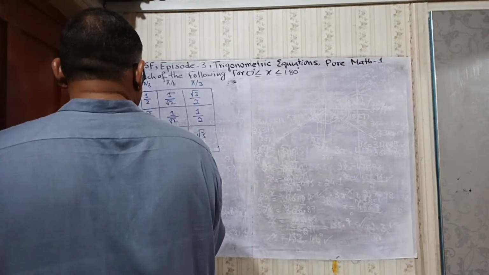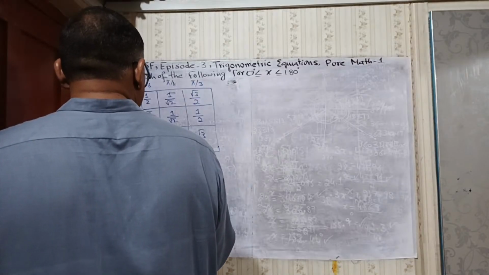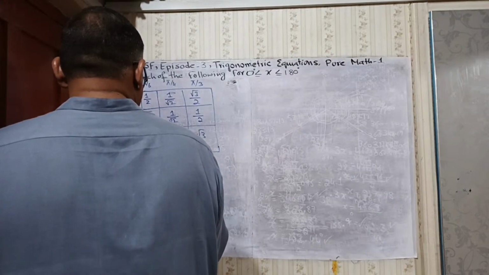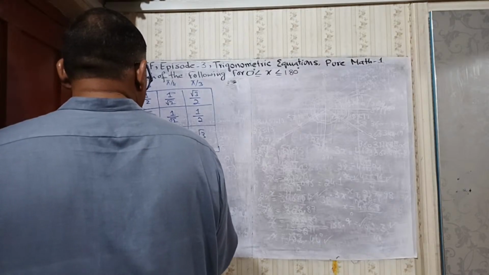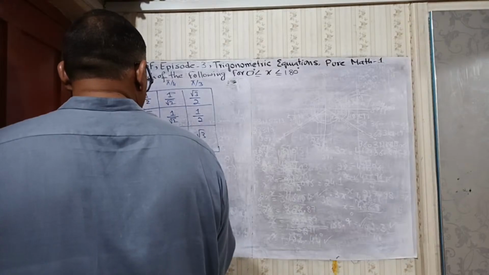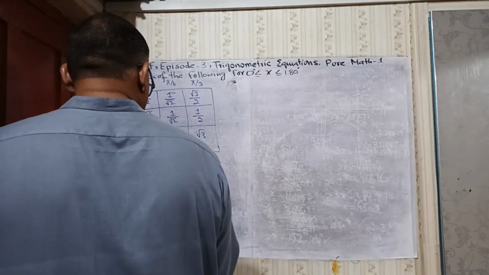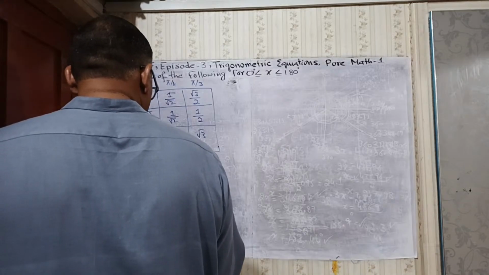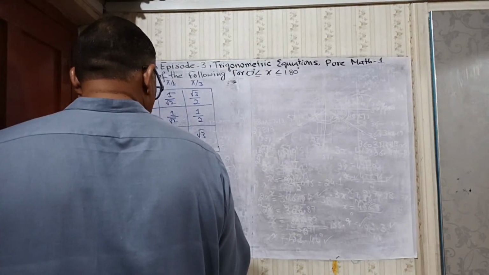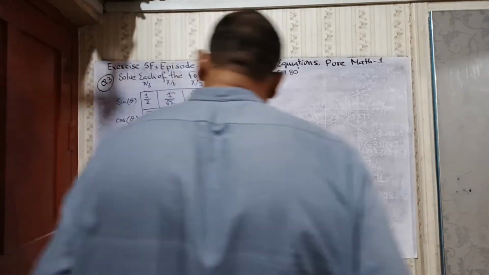So 2 tan 2x will be equal to minus 4. So you will have tan 2x equal to minus 4 by 2. So you will have tan 2x equal to minus 2. So you will have 2x equal to tan inverse of minus 2.